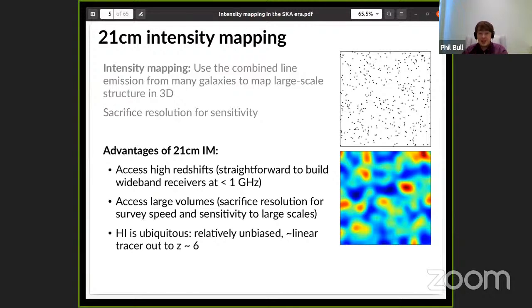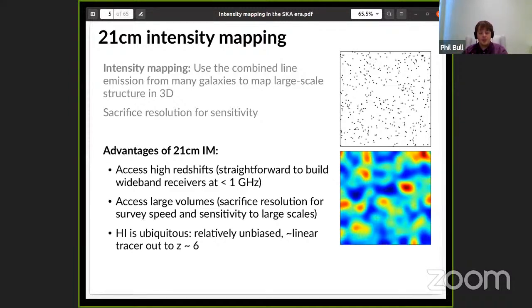Another major advantage is that different galaxies are brighter or fainter at different times in the universe's history. HI, neutral hydrogen, is everywhere. Even though since the epoch of reionization a large amount of hydrogen has been ionized, there's still plenty of neutral hydrogen hidden away in galaxies, giving off this 21 centimeter emission. And because there's so much of it, because it's everywhere, it gives us what we know as a relatively unbiased tracer.